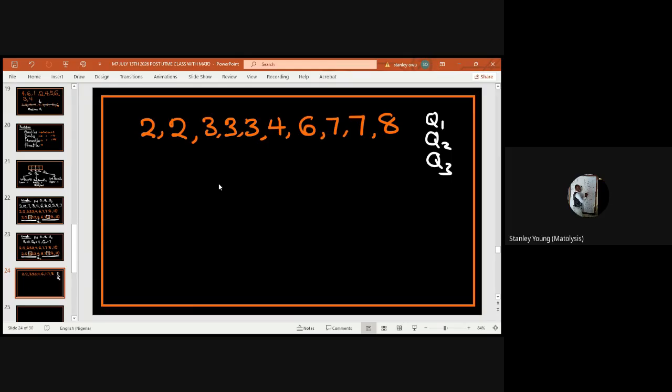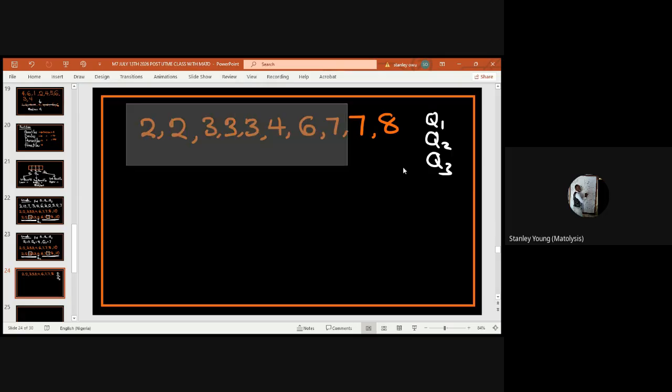The center number will be between what and what here? Figure it out. Look at it carefully. No, 3 and 4. That's correct. So the center number is going to be between 3 and 4.